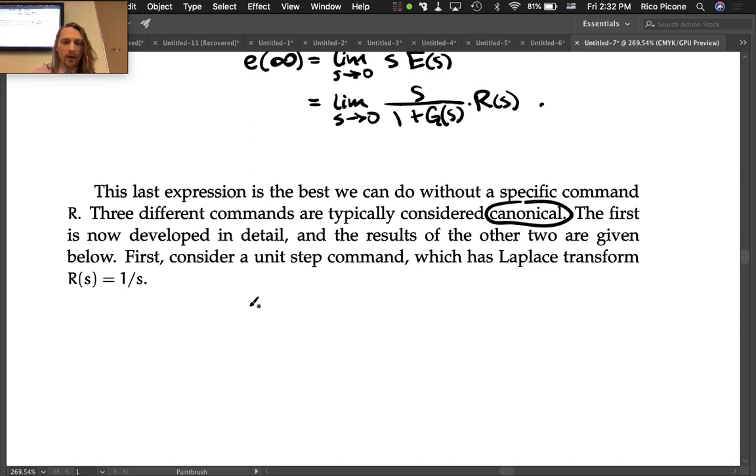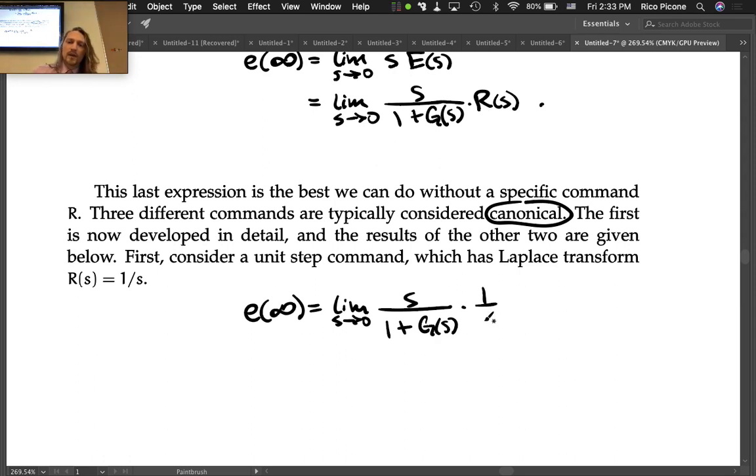So we have our steady state error, e of infinity, equals the limit as s goes to 0 of this, so we'll put that back in there, s over 1 plus g of s times r of s, which now is 1 over s, right? The unit step function, Laplace transform thereof.